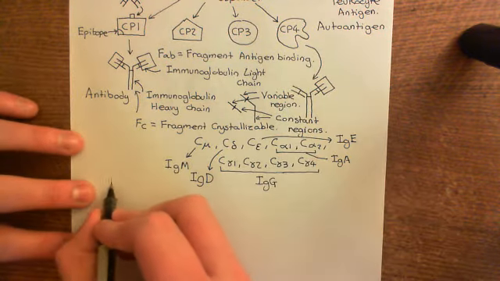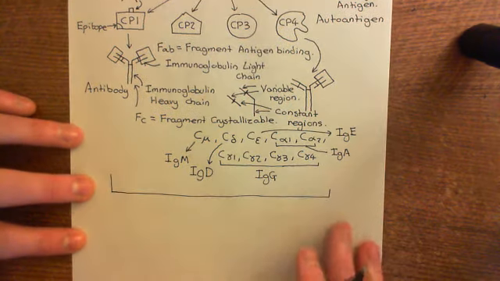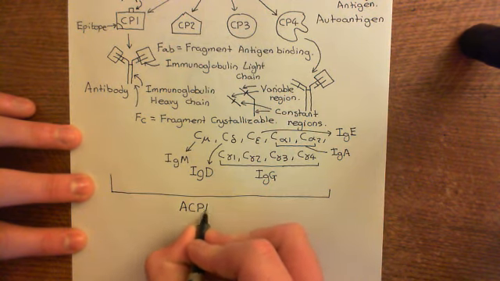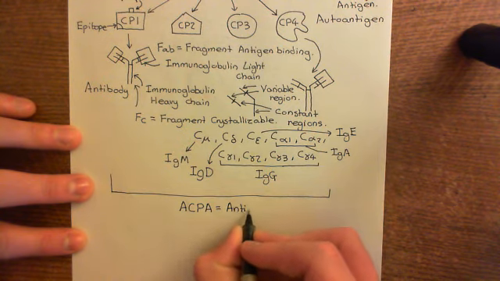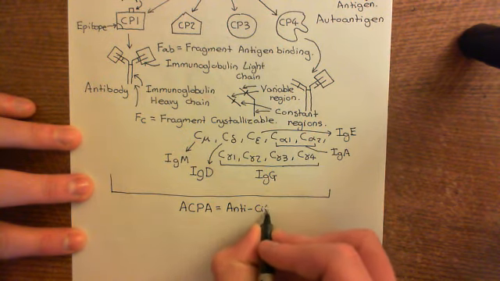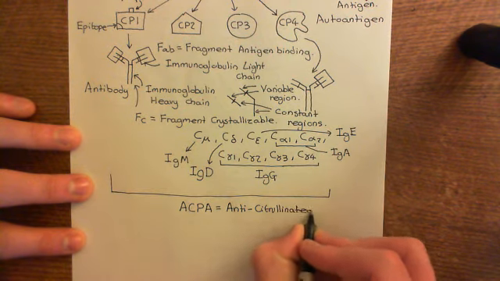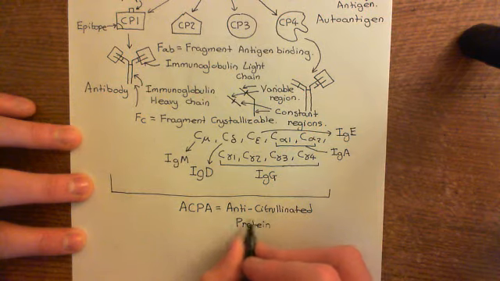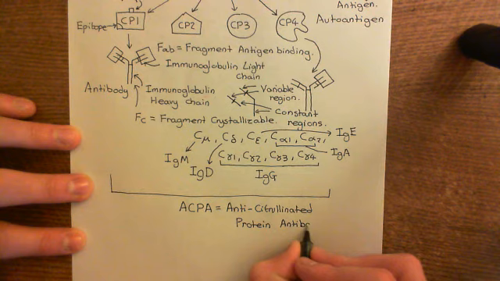Now, these will then be circulating in the bloodstream, and they are all collectively known under the umbrella term ACPA, which stands for anti-citrullinated protein antibodies, because all of them are directed against specific citrullinated proteins. The common feature that they all seem to have is that they're directed against citrullinated proteins.